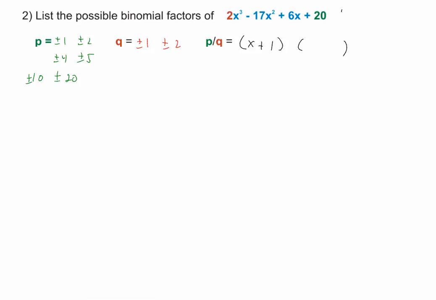And if we had the 1 divided by the negative 1, or the negative 1 divided by the positive 1, it would be x minus 1. Okay? So that's using the green plus or minus 1 and the red plus or minus 1. All right, that's part. What if we use the plus or minus 1 of the green and the plus or minus 2 of the red?